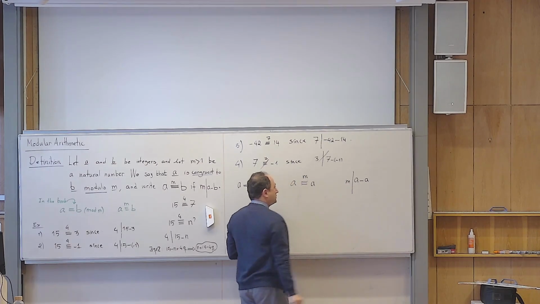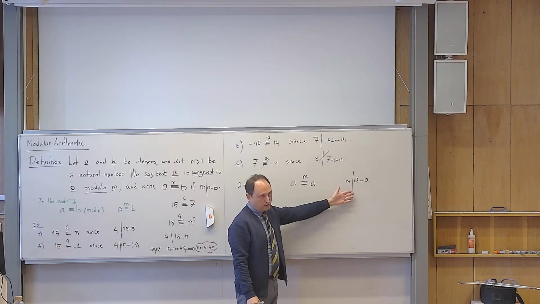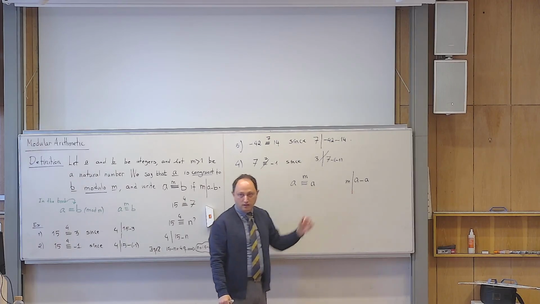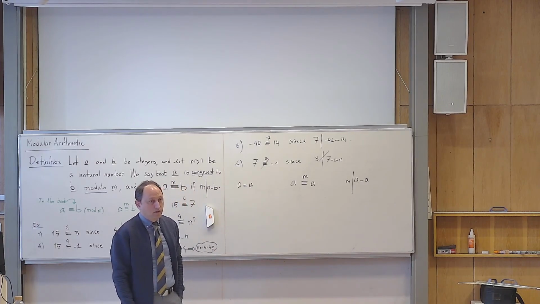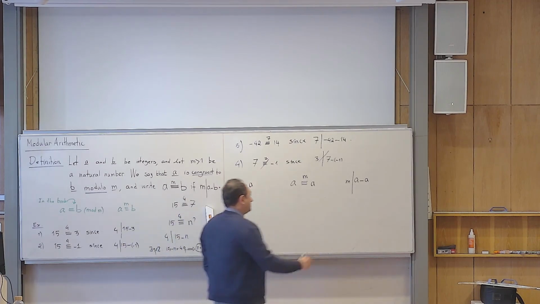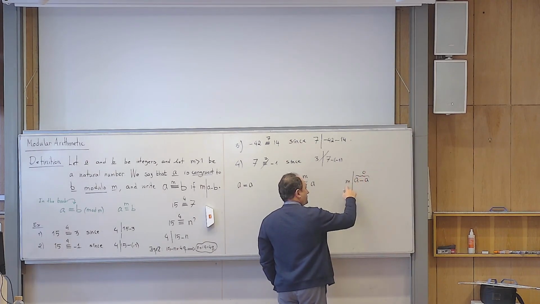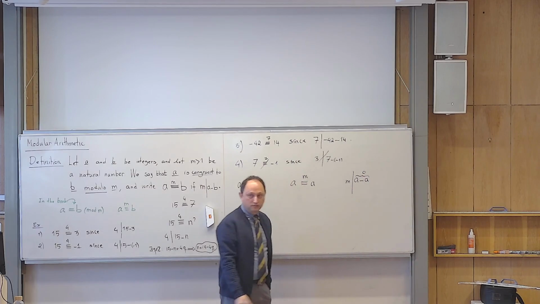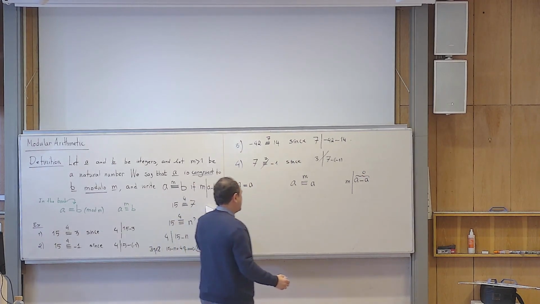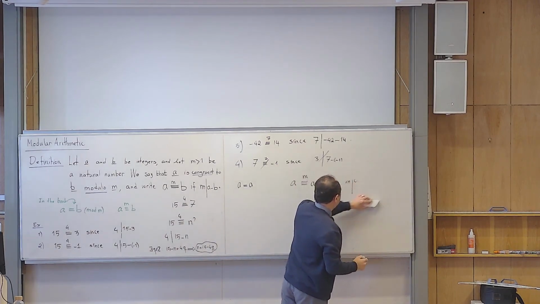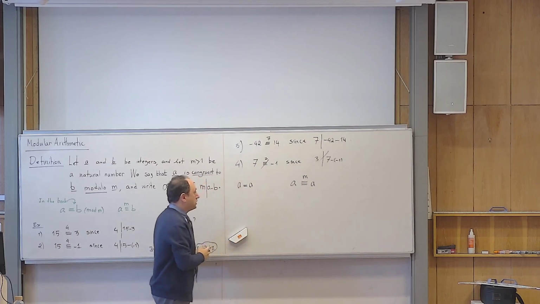If this is true, then this has to be true. And if it is false, then this is false. So, m divides a minus a. Is it true or false? What is this number? 0 is divisible by m. Is that right? Yes, it is true. So any number is congruent to itself when it comes to any module.